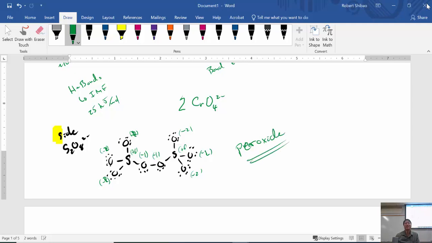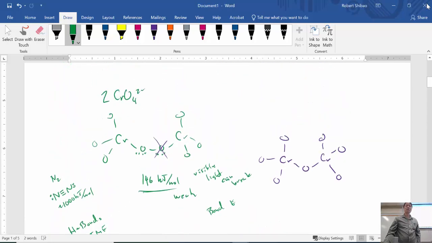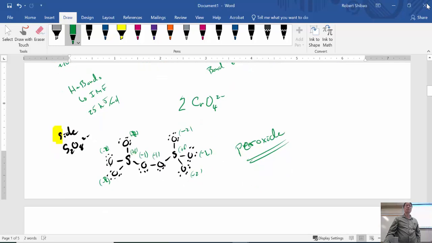And so the name of this has some kind of peroxide in the name. It's like disulfate peroxide or something like that, which is quite a bit different than dichromate. Dichromate's more stable. This is less stable because of the peroxide bond.